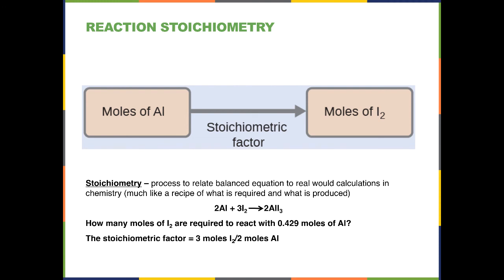So the stoichiometric factor is that there are 3 moles of iodine for every 2 moles of aluminum. So the stoichiometric factor is 3/2. So you take the 0.429 moles of aluminum times 3/2, and it gives you 0.644 moles of iodine.